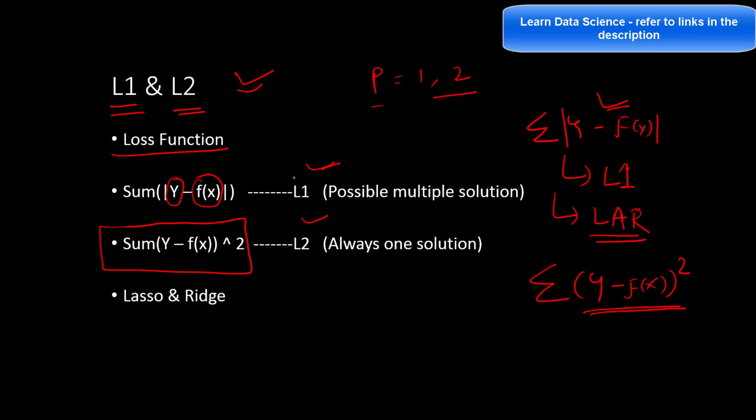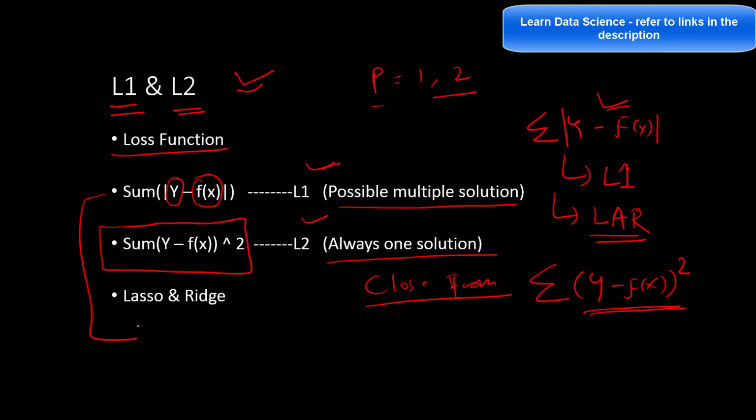One thing to remember is that in the first case we can have multiple solutions, whereas in the second case, where we have least square, we always have a single solution. So we have a closed form solution in this case, whereas in the first case we may not have a closed form solution. The first one we also call lasso regression, and the second one we call ridge regression.